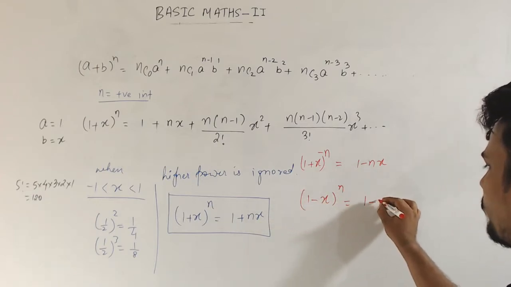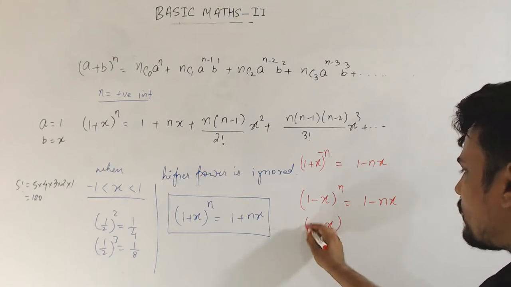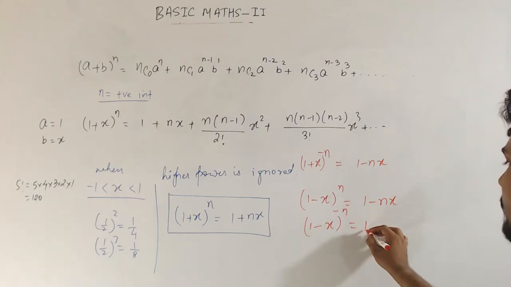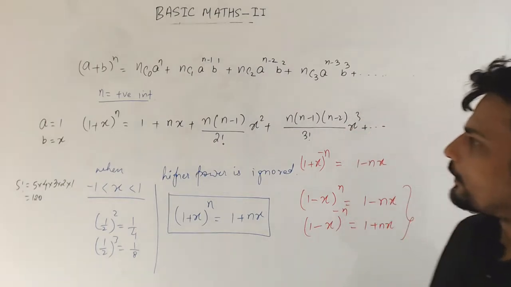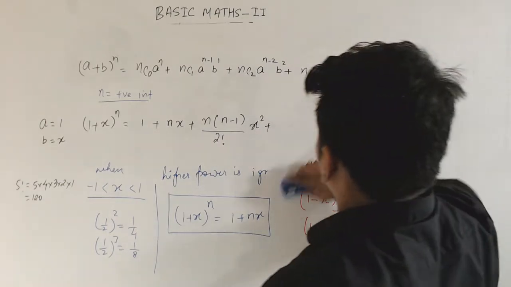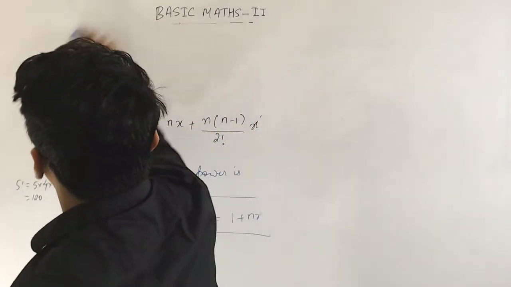In that case, I'm going to have 1 minus nx, and if I have 1 minus x raised to the power of minus n, this is going to be 1 plus nx. You can keep these things in mind. They're going to be useful while solving some expansions. Okay, I'm sure you have noted it down. If not, quickly note it down. Important one. All good?